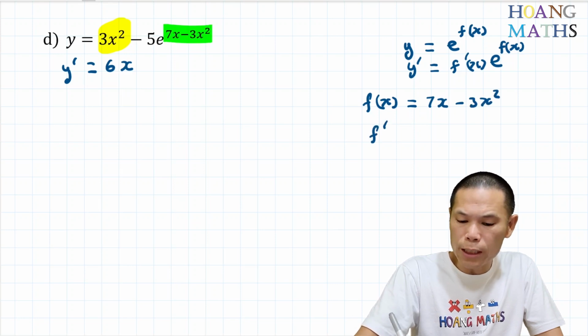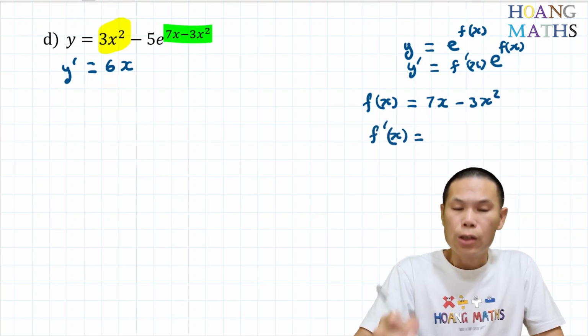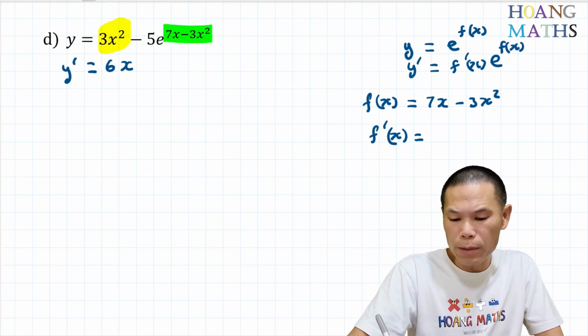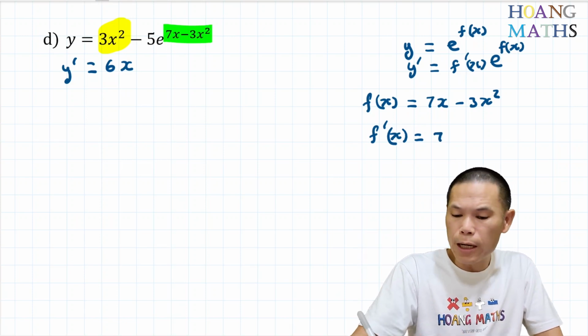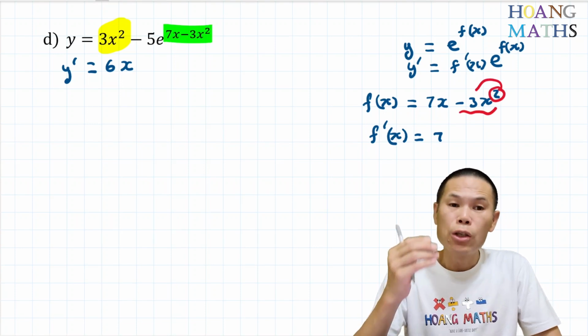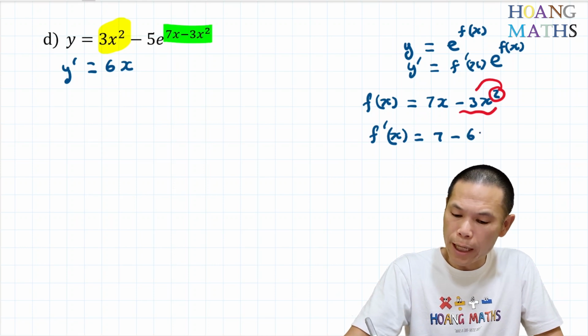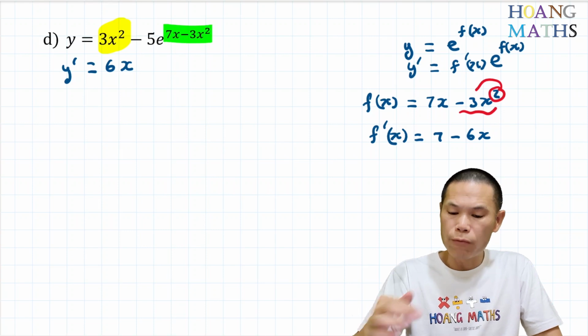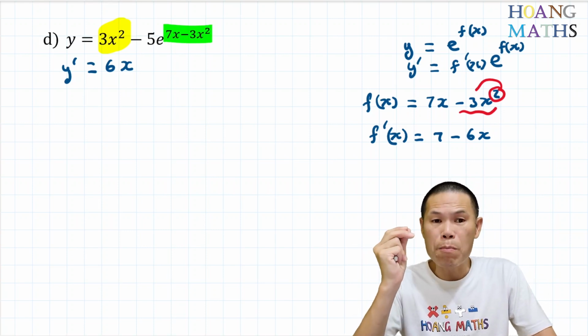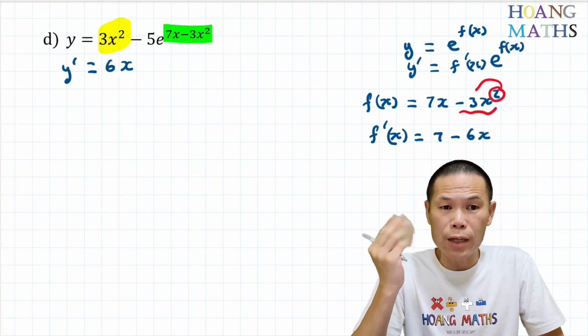So to differentiate this, 7x we differentiate, gives me 7. And then the next term is this one here. So the 2 we bring down. So 2 times 3 is 6. So we minus 6x, and 2 with less 1 becomes 1. But then we don't write it like that. We just leave it like this, okay? So 7 minus 6x, that is f dash x.